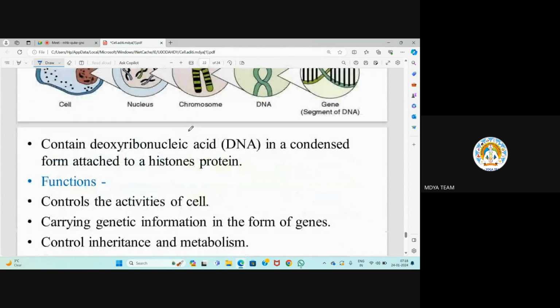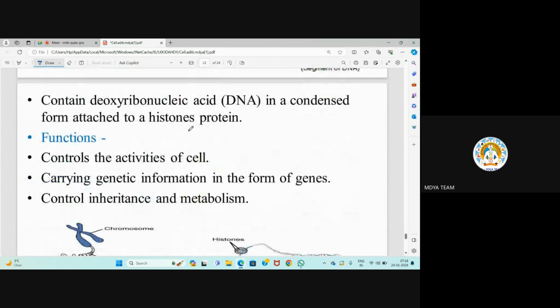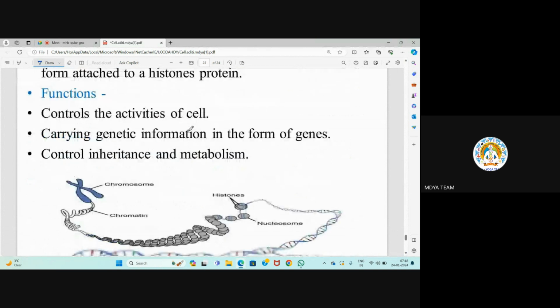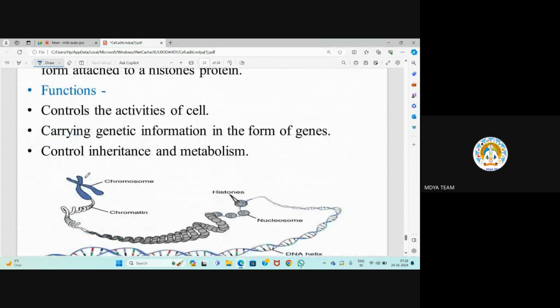Now, the deoxyribonucleic acid is condensed and attached to histone proteins. Here in this picture you can see this is a chromosome, and these thread-like structures are chromatin, and these are the histone proteins. Around this, the chromatin is coiled.